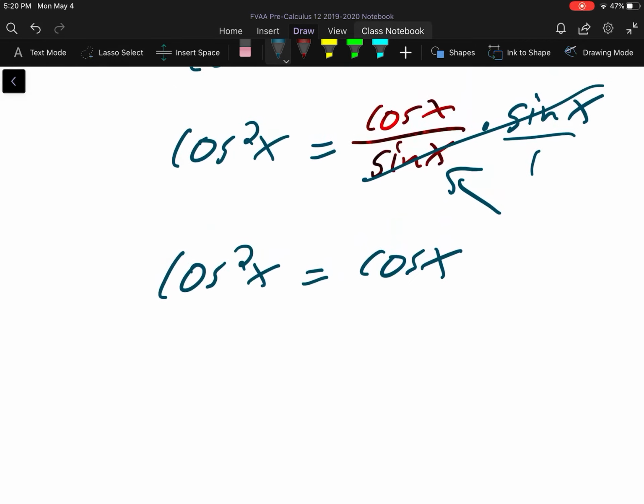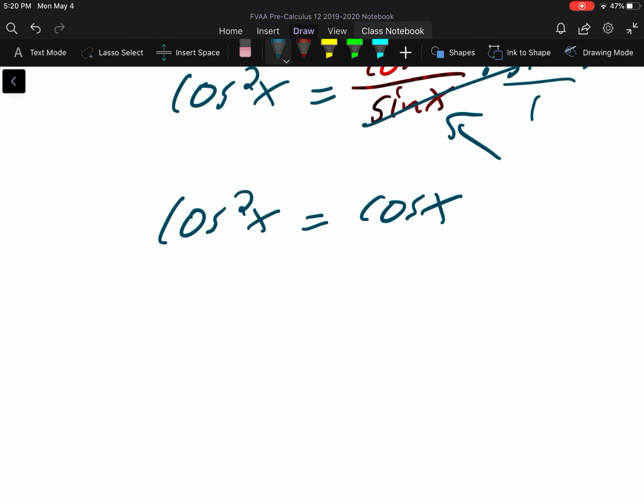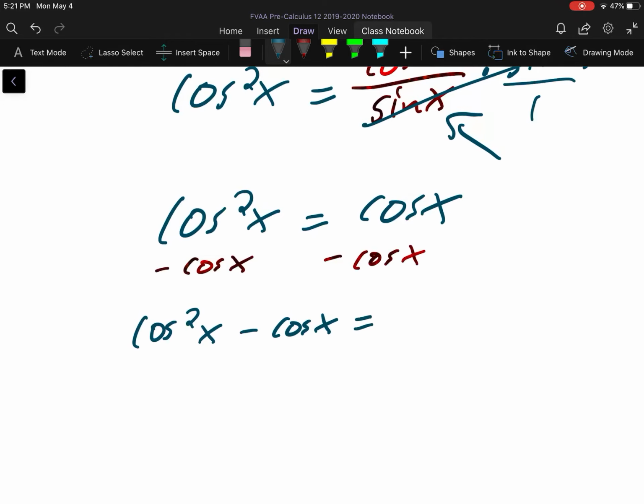Good. All right. Now from here, I'm not going to inverse sine both sides or do anything like that. I'm going to subtract cos x on both sides. Bring everything over, and I want my equation to equal 0. That's what you want, right? When you're solving equations, back from pre-calc 11, that's what we always wanted. Cos squared x minus cos x is equal to 0.